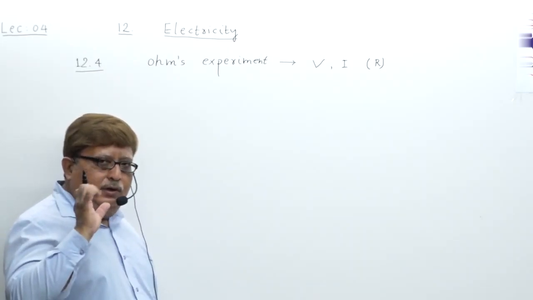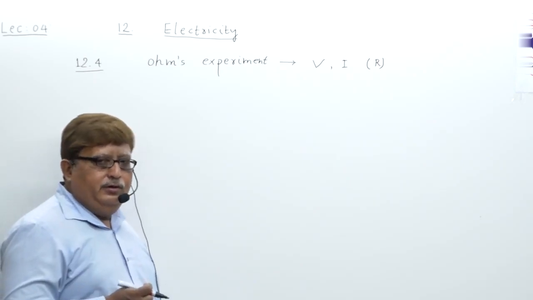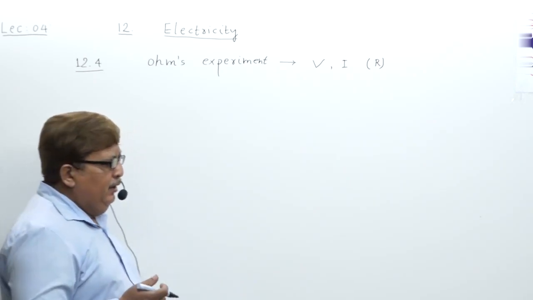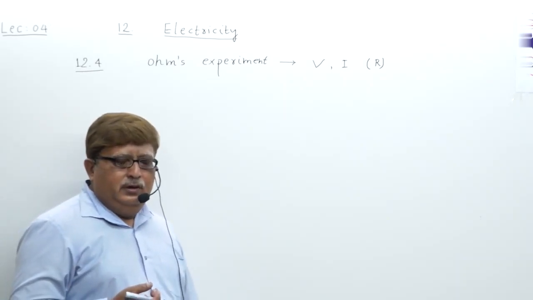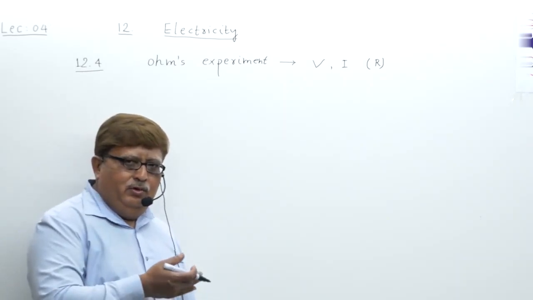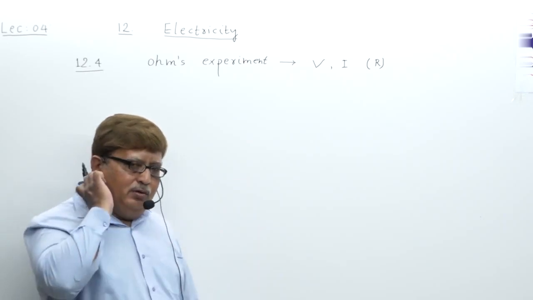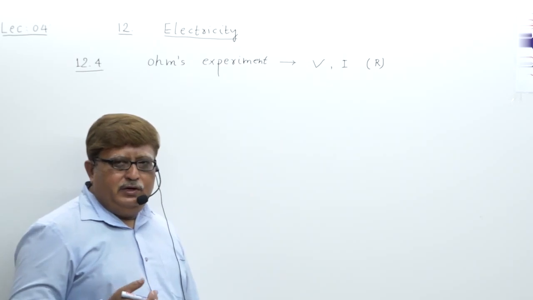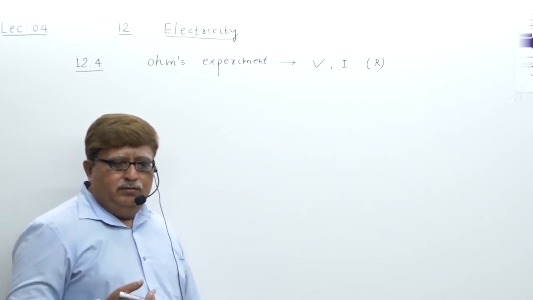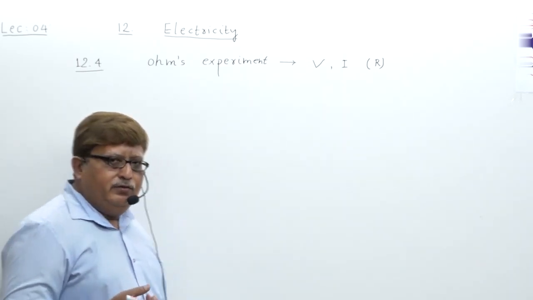For that purpose, let us first try to establish the electric circuit. As we move on with some examples also, I will try to narrate various types of symbols which are used in electric circuits.